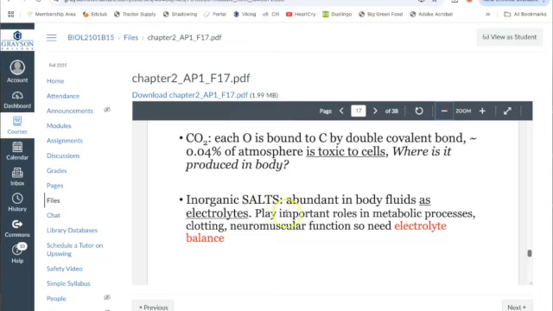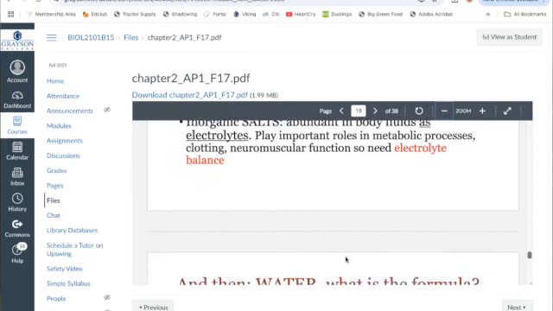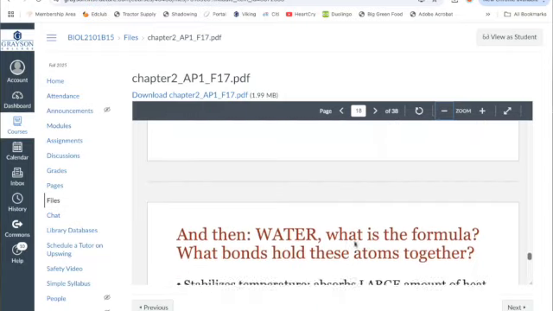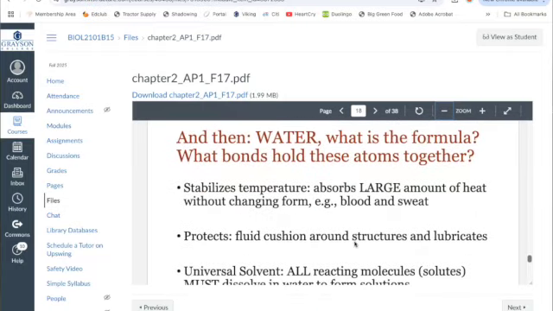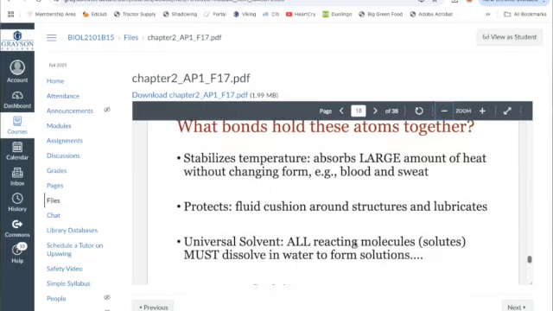Inorganic salts, some of them, for example, potassium. Okay, we'll learn about those later. But one of the most important ones are oxygen and carbon dioxide. Okay, inorganic compounds. And then water. Okay, water stabilizes.